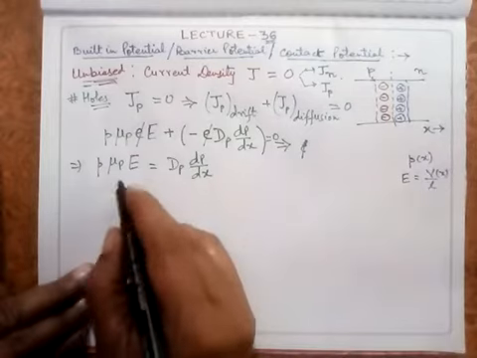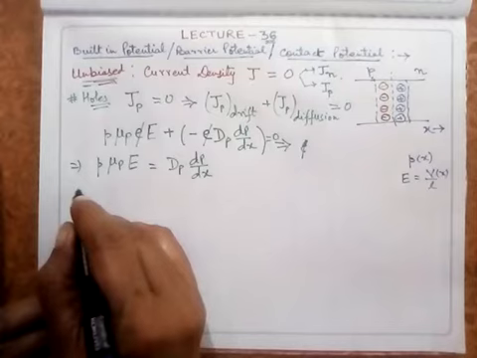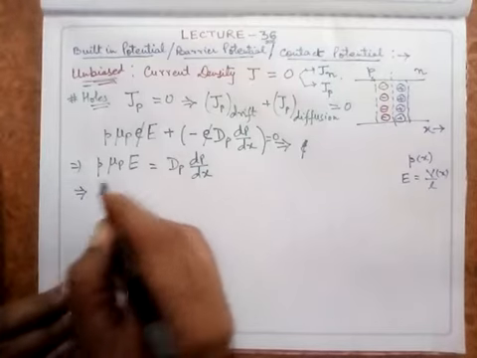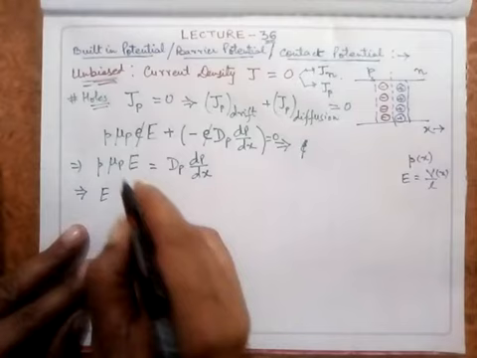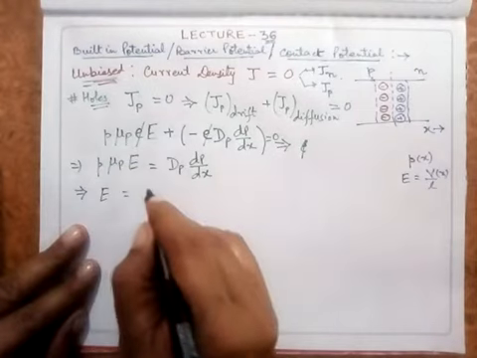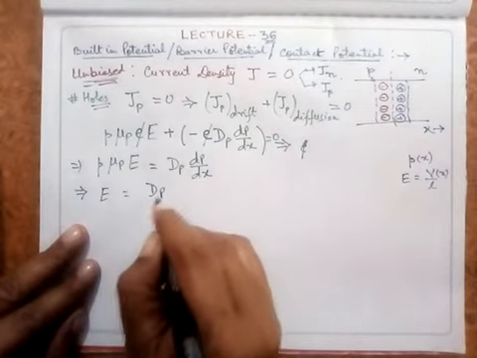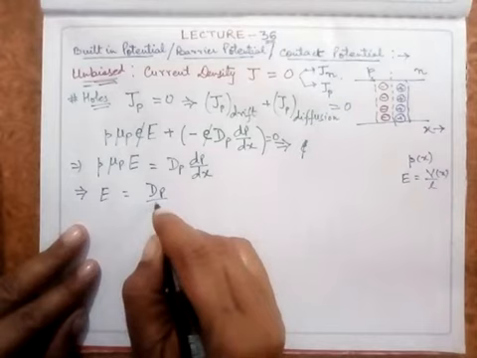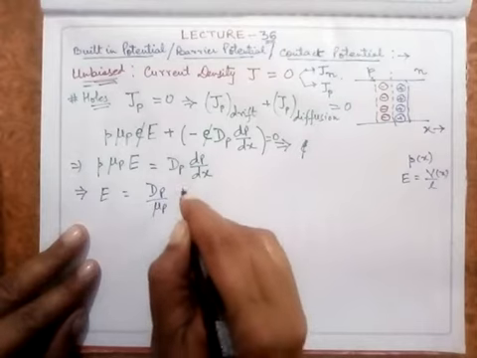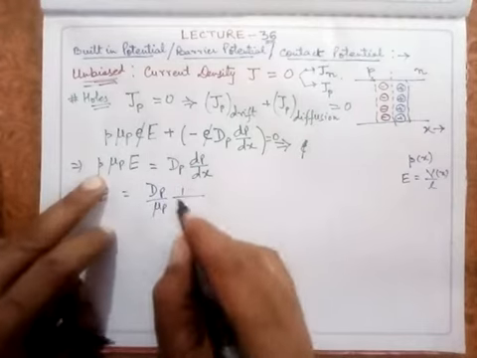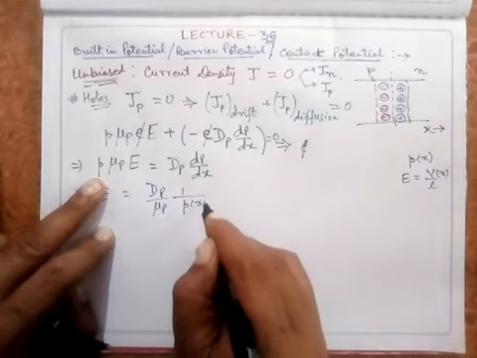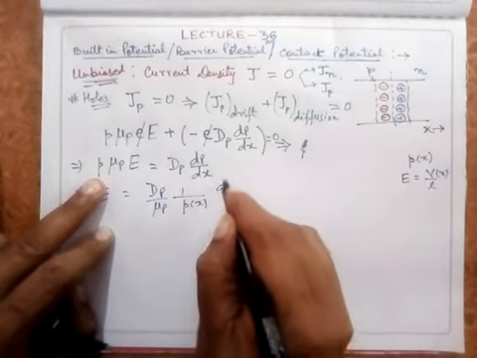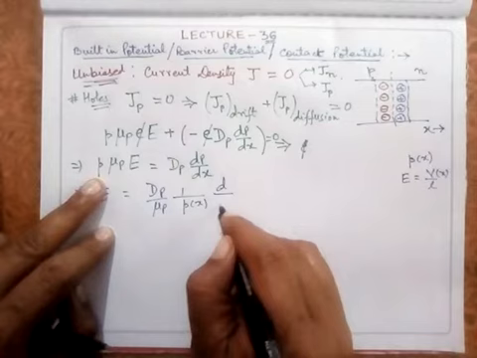So I write this as a function of x. I'm writing this E on this side. This E is equal to Dp upon mu p, 1 upon p, bringing this p on this side, of course it is a function of x, d upon dx.